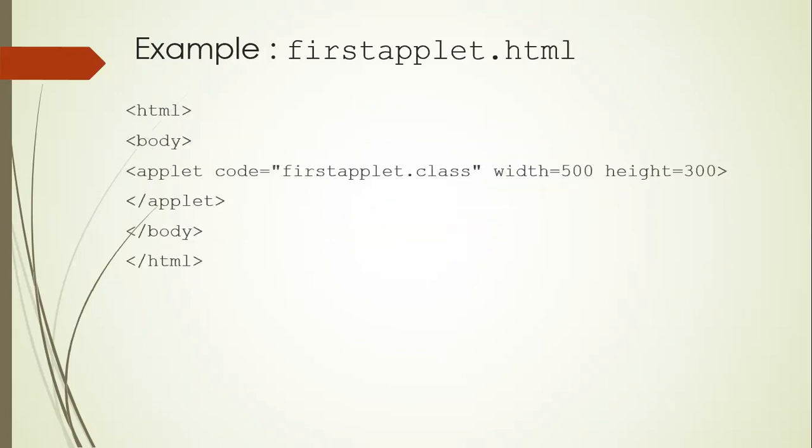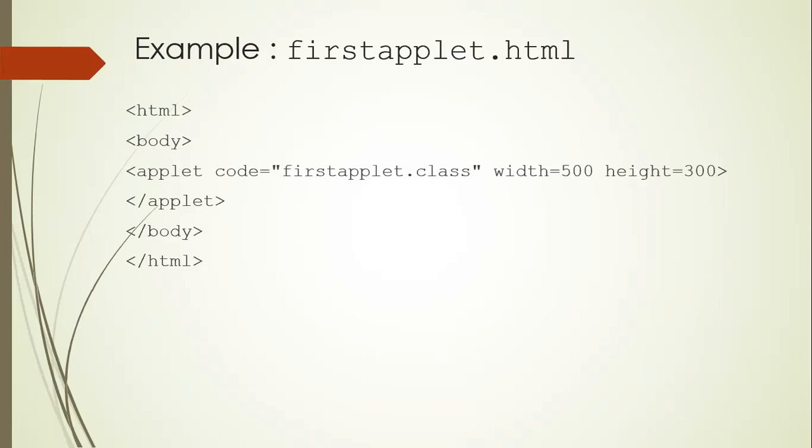Next, I already told you that here we need to see the output on a web browser. So the web page will be designed using HTML only. Now what we need to do: we already have one applet program that has to be embedded inside an HTML file. That's why I have to write an HTML file like this.